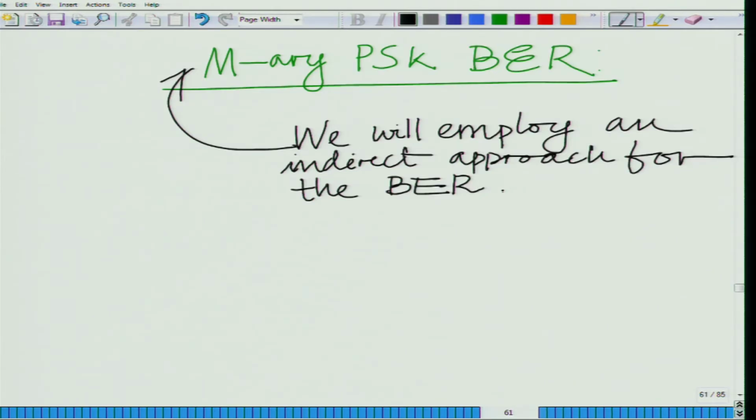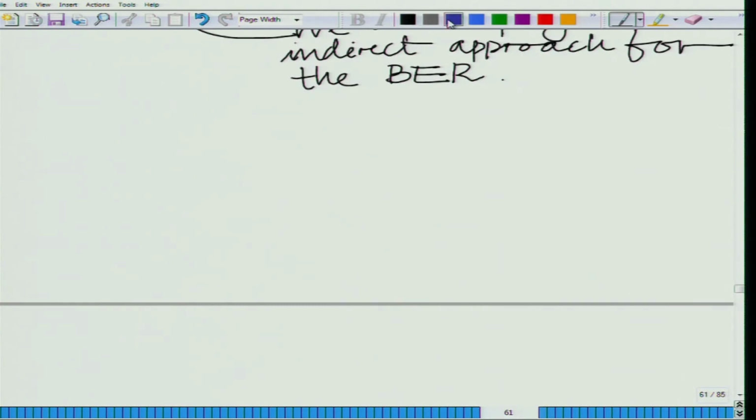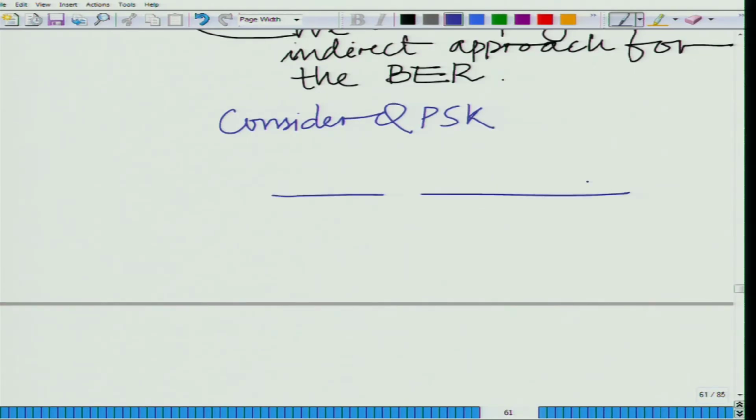For instance, let us go back to QPSK for a moment to illustrate this. In QPSK, if you remember, if I draw the constellation, I have 4 points.